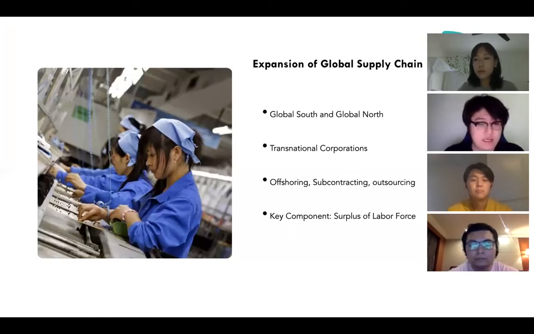And we can visualize that China during this past decade became the factory of the world, where massive production is manufactured in China.